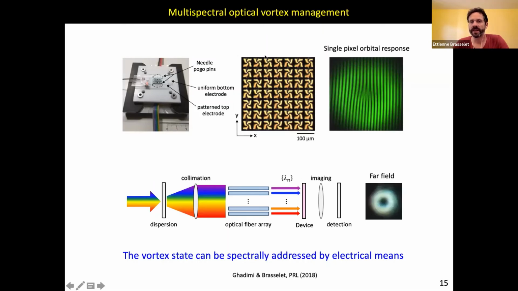Then you place your device here, and you simply process every wavelength channel by a vortex generator that you can control on demand, one by one, in an independent manner. And you can tune every one of them in order to process fully every wavelength. And then you get in the far field broadband, polychromatic, white light, which is very hard to obtain with other kinds of techniques.